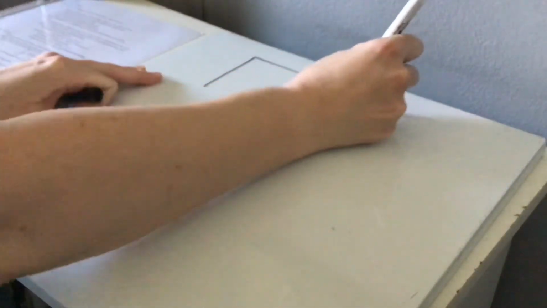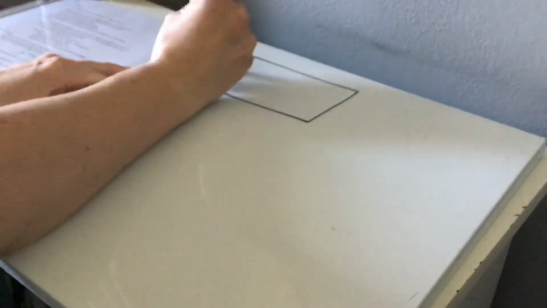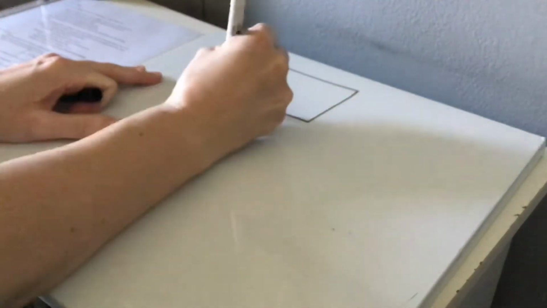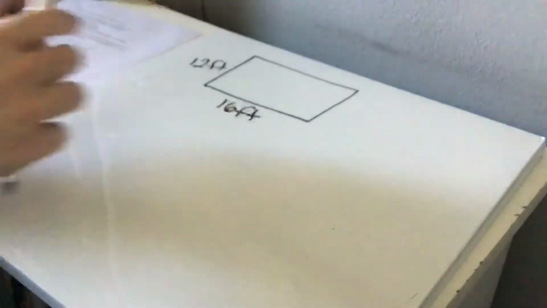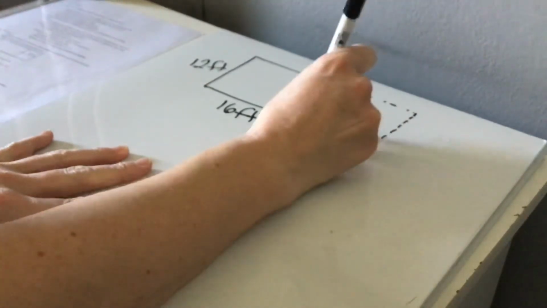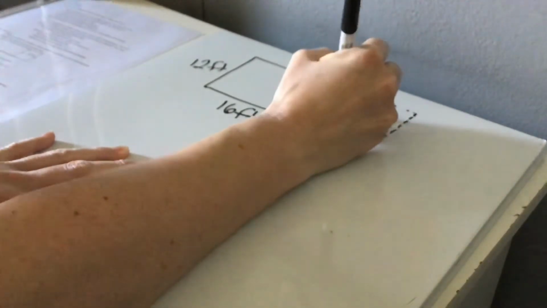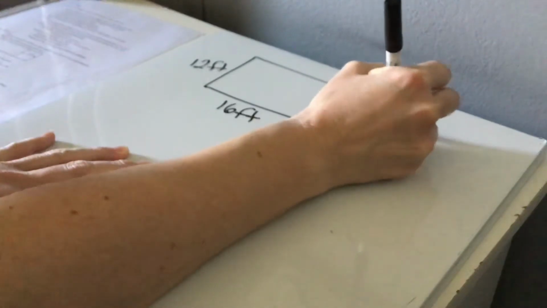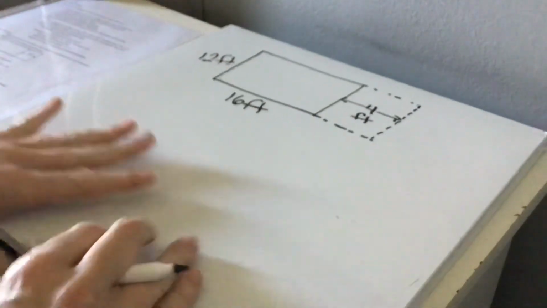Okay, so if we look at our figure, here is our original kitchen. It was 12 feet by 16 feet. Then we're adding on this addition here, and we're told that this length is 4 feet.